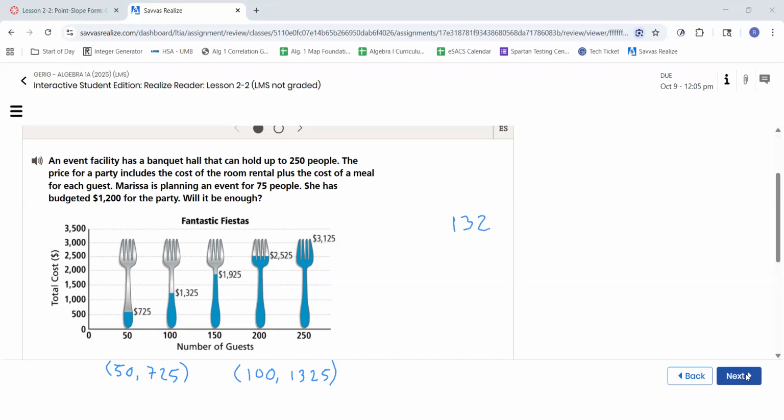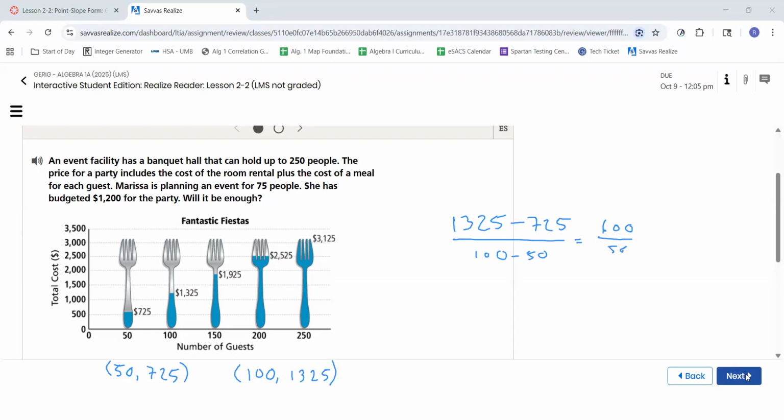So 1325 minus 725 divided by 100 minus 50. So for 50 people more, it's going to cost, what is that, $600 more? I think it's 50.